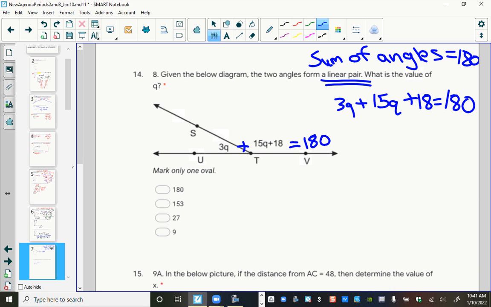All right. Combine like terms. Very good, Andy. So what two terms can we combine first? 3q and 15q. So how many total? 18q.